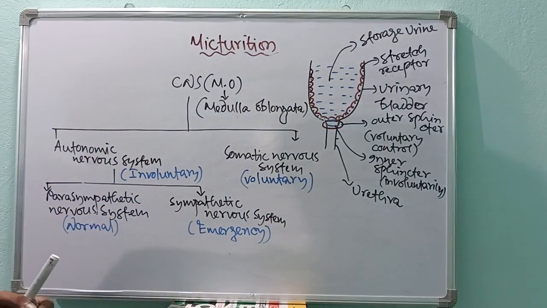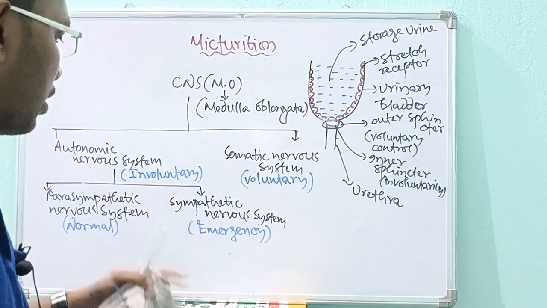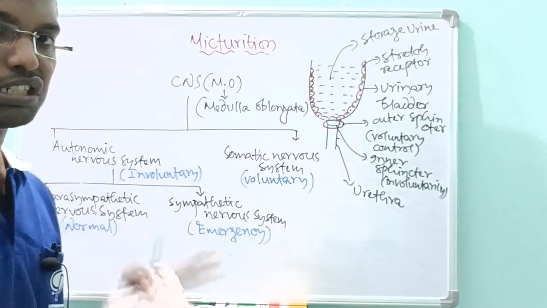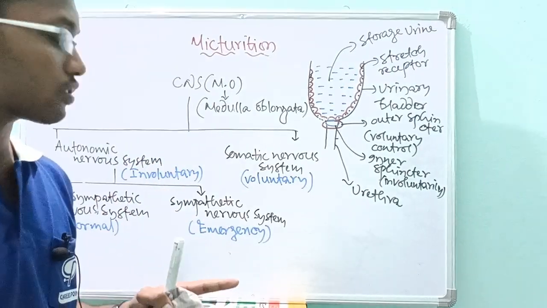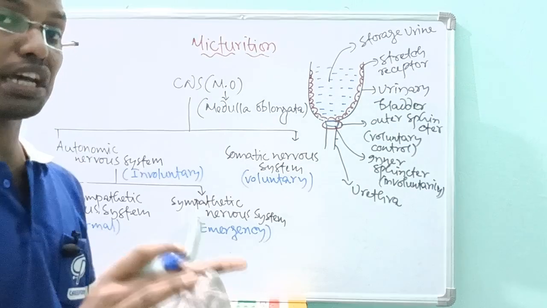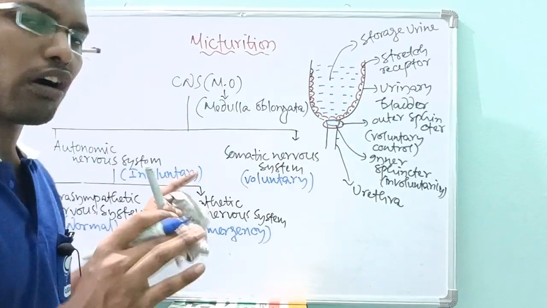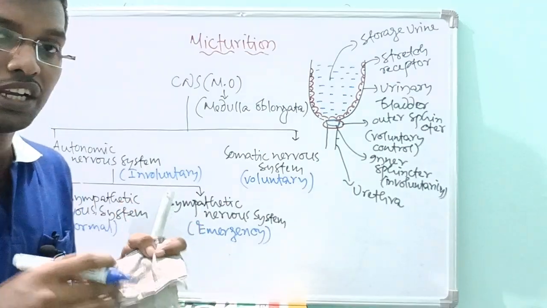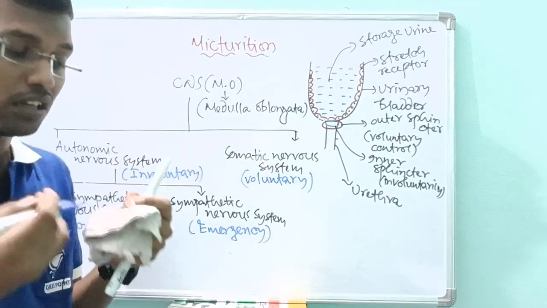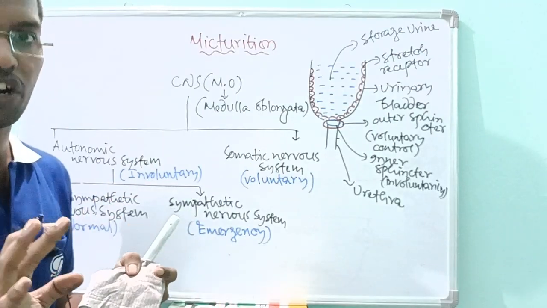This mechanism happens in every part of the body where the sympathetic nervous system is involved. It works only during emergency situations. It is always ready to fight situations which are against the body.